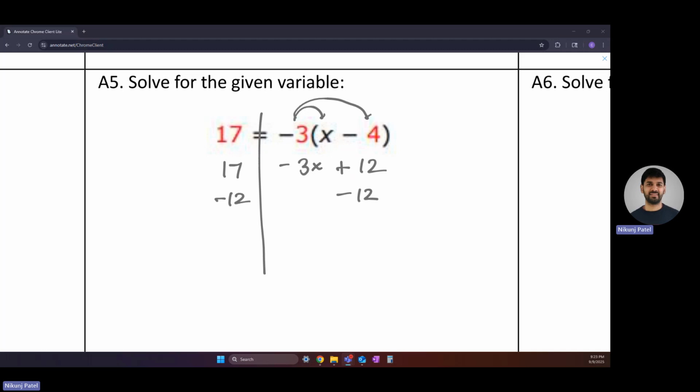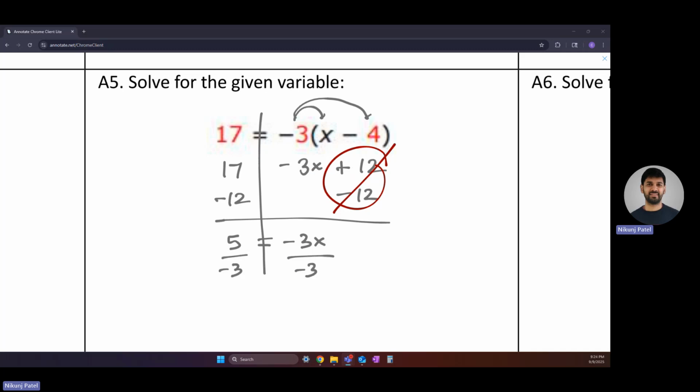So I see this 12 is being added with the x term. I'm going to subtract it. There's inverses right there. Those cancel. Right, so 17 minus 12 is 5 equals, and we didn't do anything with the -3x. Last step, I need to divide by whatever's being multiplied with the x. So divide by -3, divide by -3.